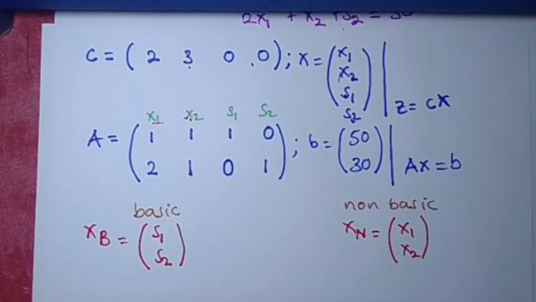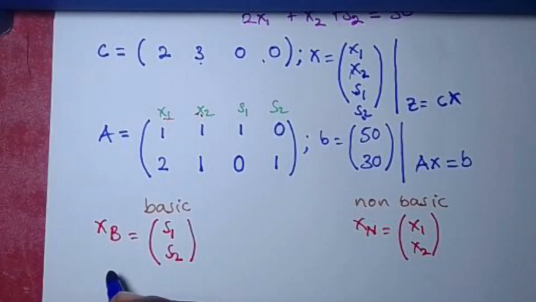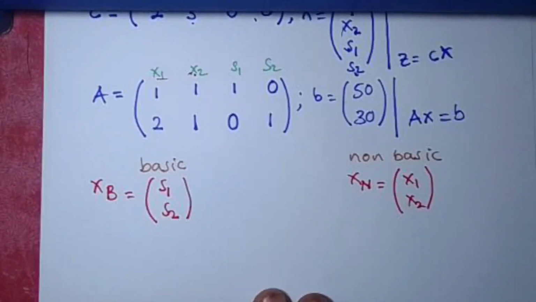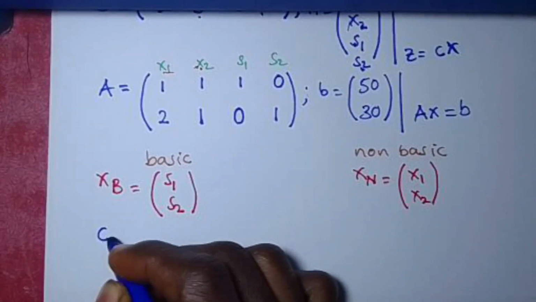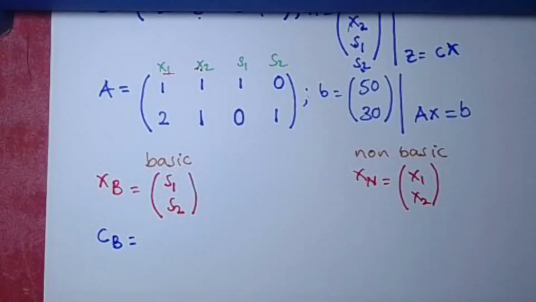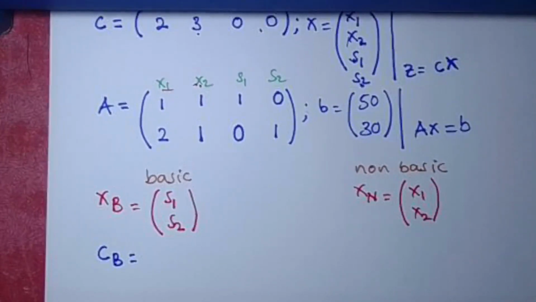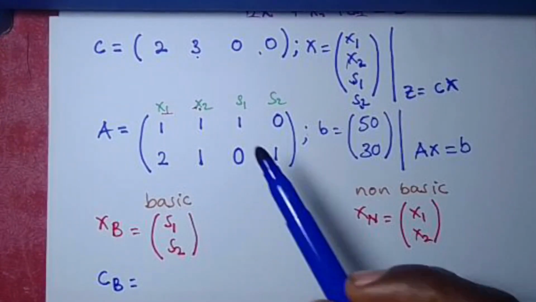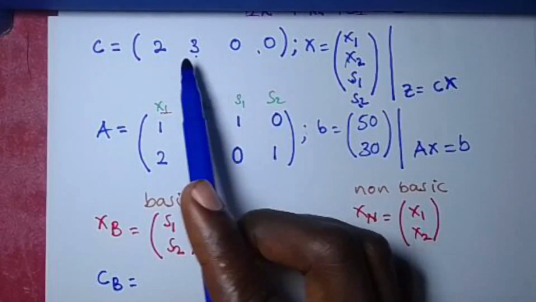Then, since we have written our x's, the x basic and x non-basic, let's look at also their coefficients. So for the coefficient of the basic, similarly looking at it, coefficients of basic are going to be equal to, you look at your main bracket here.